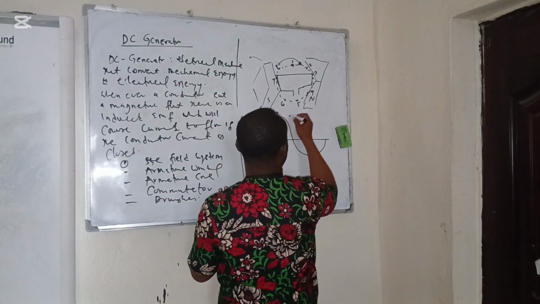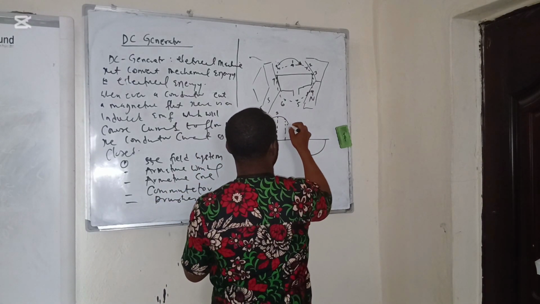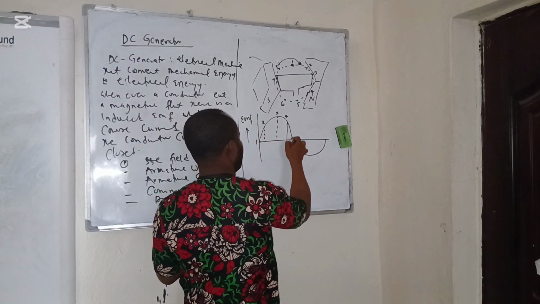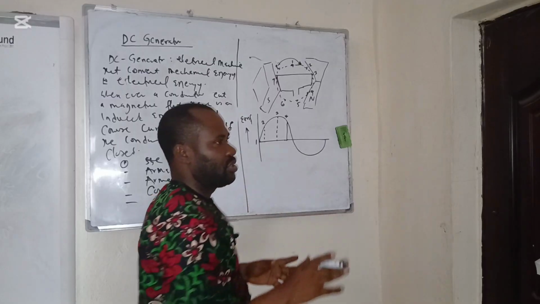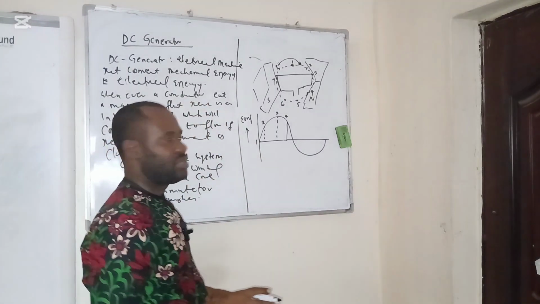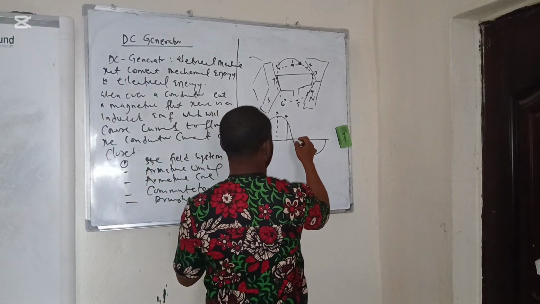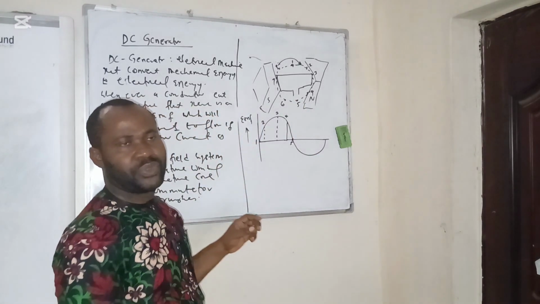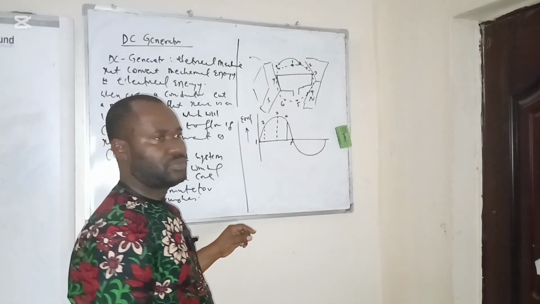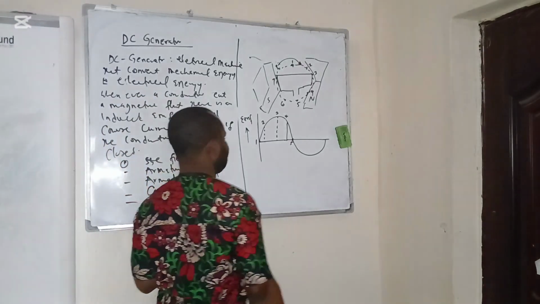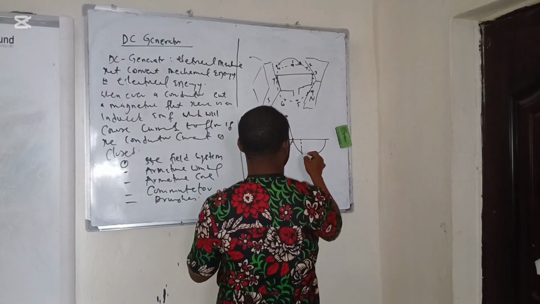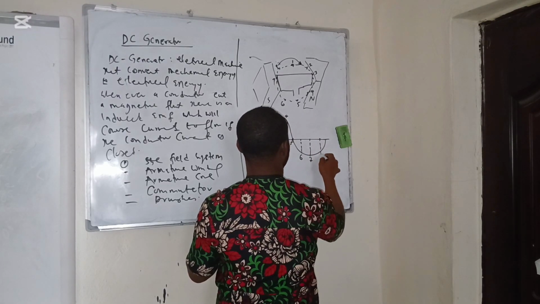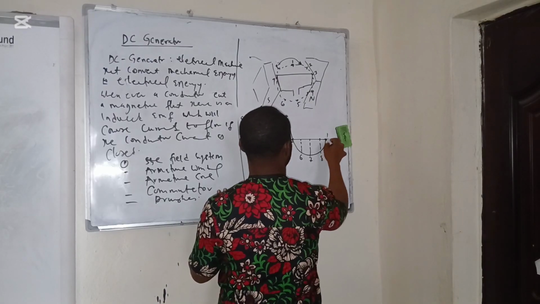On getting to point 4, it reduces comparatively. The angle of inclination reduces the induced EMF, and we also get to point 5, which is the same as point 1, where the angle between the flux and the conductor is 0. Then we have 6, and we have the maximum induced EMF at 7, and the angle continues until we get back to 1.